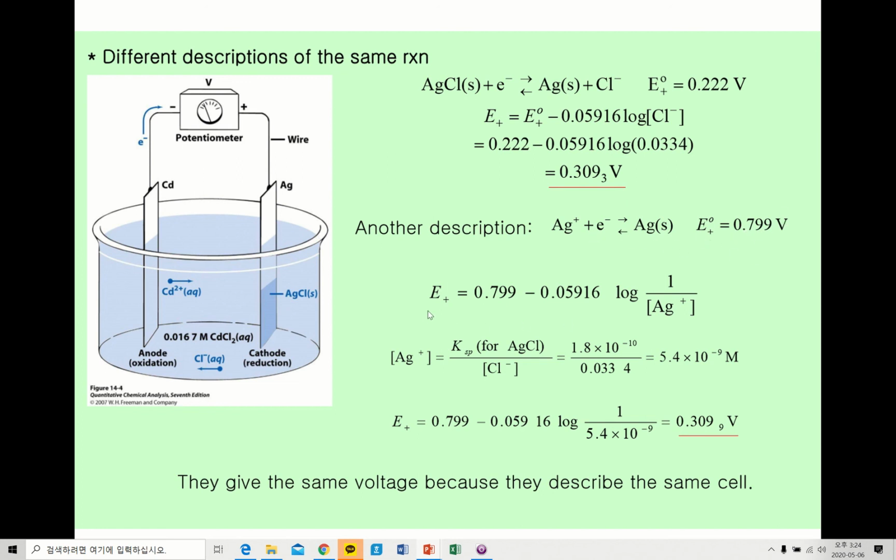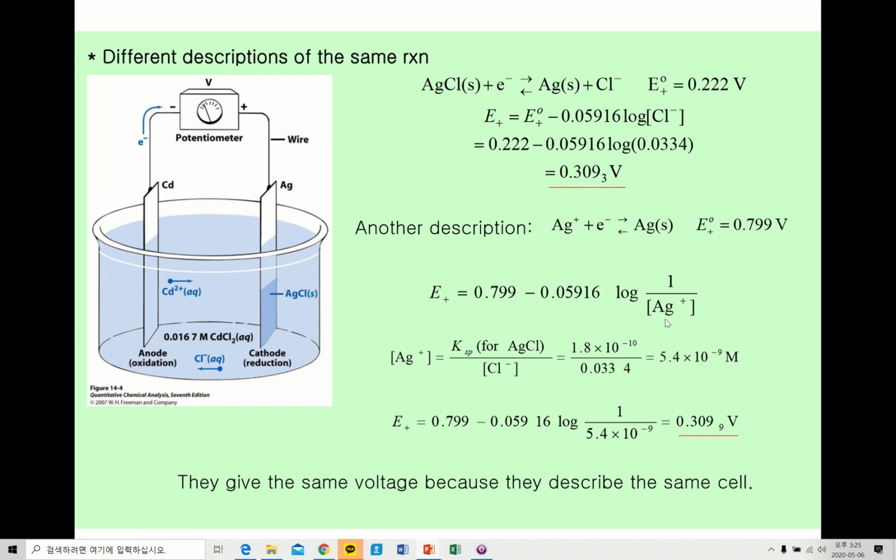And we can write the Nernst equation. But how do you consider silver chloride? Silver chloride is not very soluble, and from Ksp, you know the Ksp for silver chloride equals silver ion concentration multiplied by chloride ion concentration.